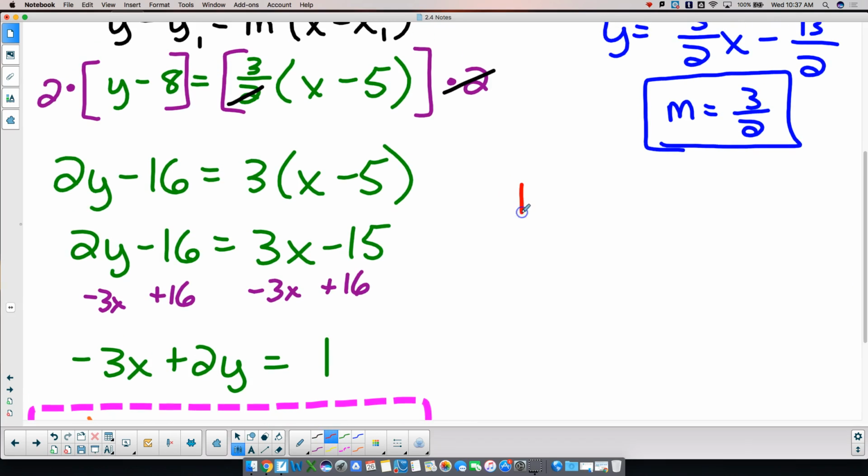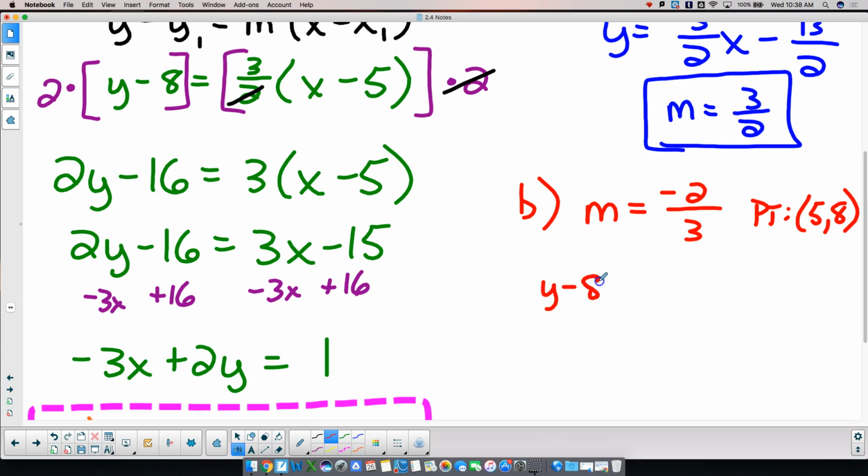So the second one now, it's asking for the perpendicular to this line. So what is the slope going to be of the perpendicular? Negative 2/3. Opposite means the positive goes to negative. Reciprocal means the fraction flips over. The point stays 5, 8. Using point slope form then again, y minus 8 equals negative 2/3 times x minus 5.